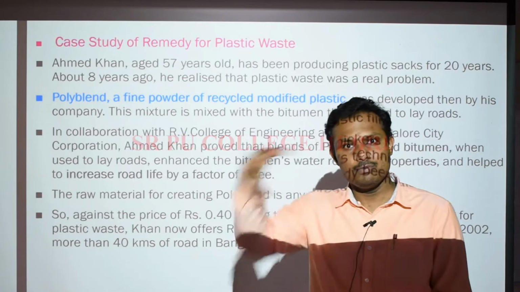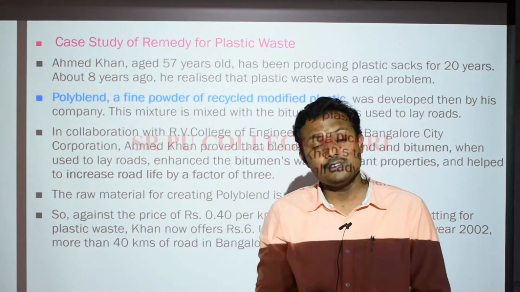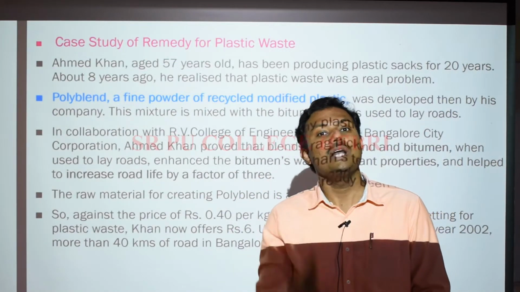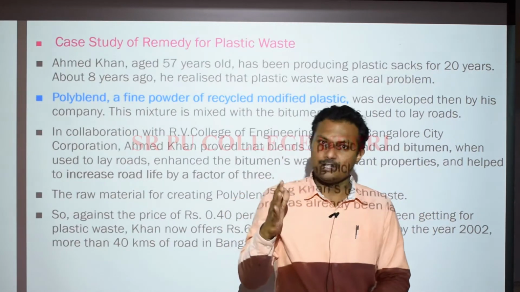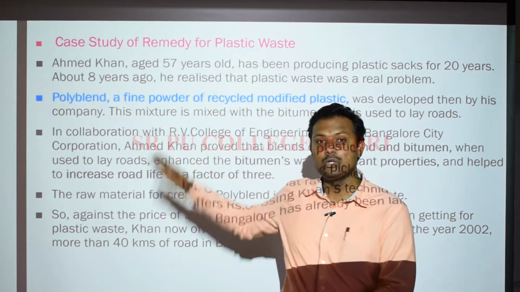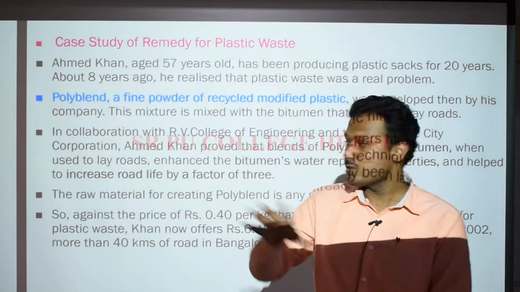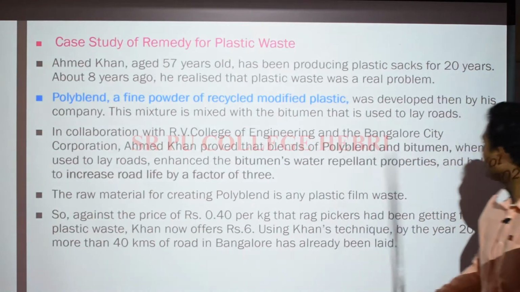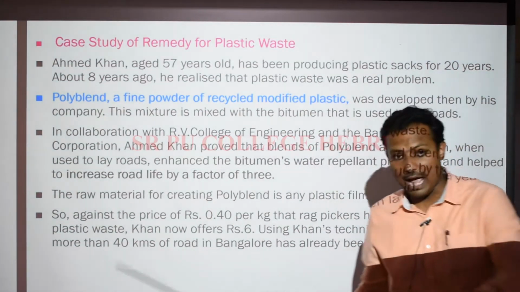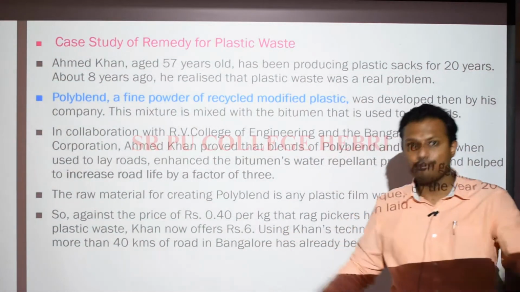It was mixed with the tar, and this increased the quality of the roads made in Bangalore. Today all roads in Bangalore are made using this method, that is by making use of the polyblend and the bitumen. Bitumen's water repellent properties help to increase the life of the road.